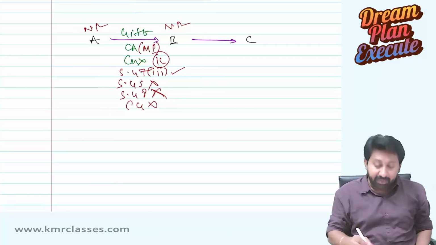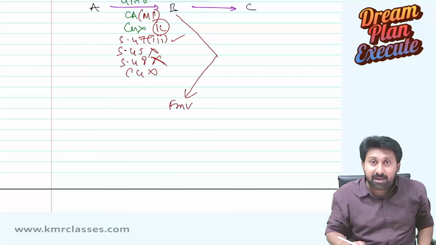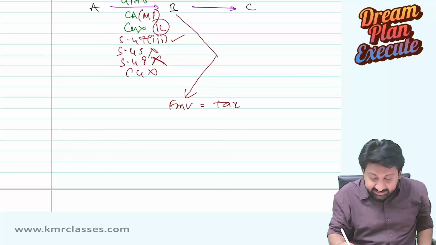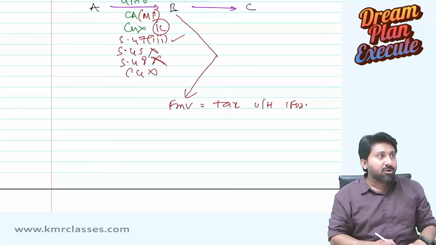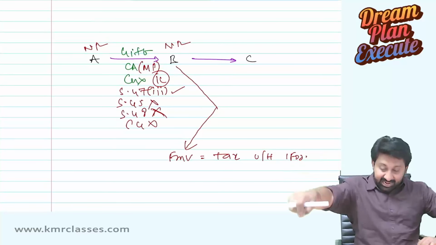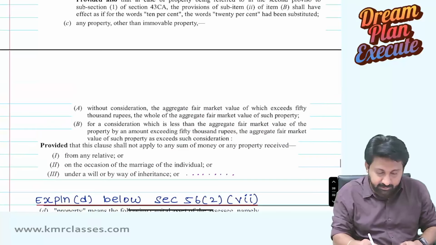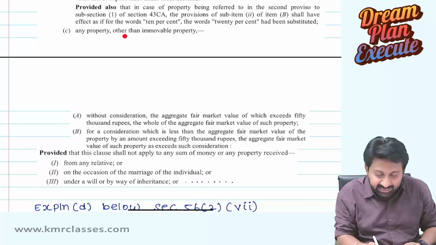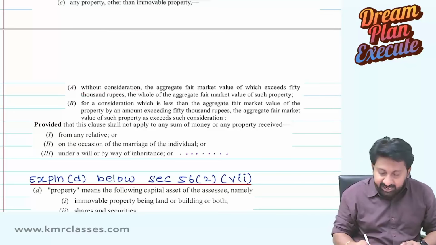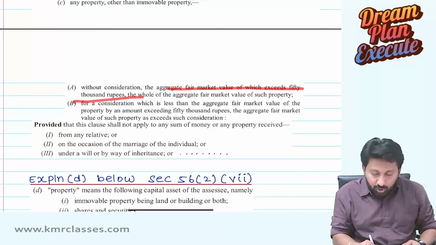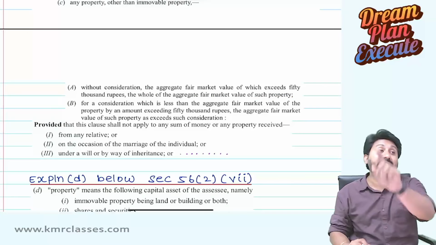B is a non-relative. Therefore, in the hands of B, the fair market value will become taxable under the head IFOS. B pays tax at the value of FMV since it is movable property. See here: any property other than immovable property, specified movable properties received without consideration, the aggregate FMV of which exceeds 50,000, the whole of that aggregate fair market value is taxable under the head IFOS.